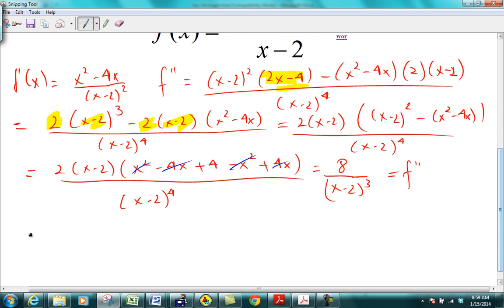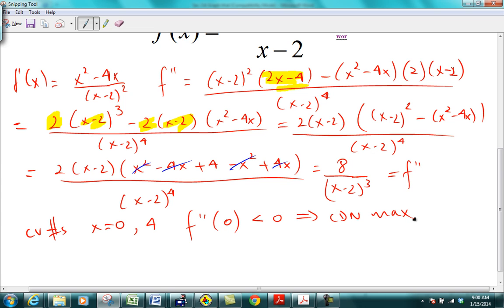And remember, my critical numbers were x equals 0 or x equals 4. So I'm going to use the second derivative to test whether these are mins or maxes. So I go f double prime of 0, meaning that I put 0 in here for x, and that is negative, so that is concave down, and so that gives me a max.